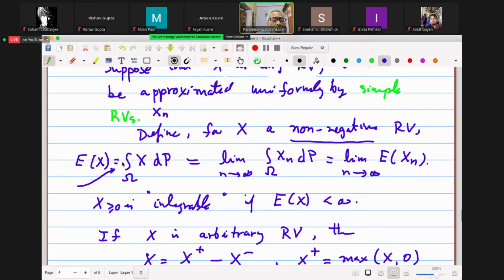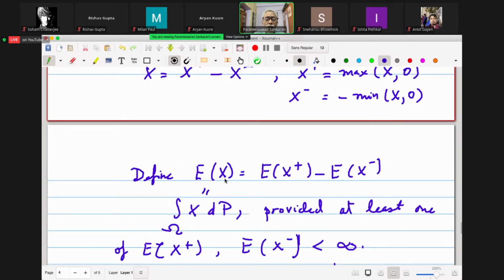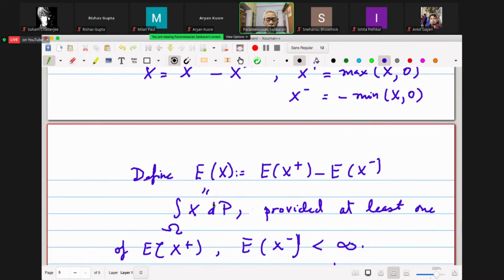So this equality is with respect to the old definition of expectation. So in other words, what I am saying is, if x is a continuous random variable with finite expectation, whatever we have defined here, so this is coinciding with the old thing that we have defined. Okay, so that's something that I have to say.